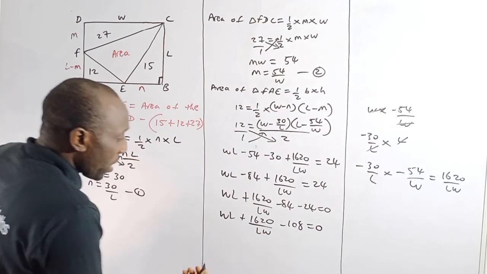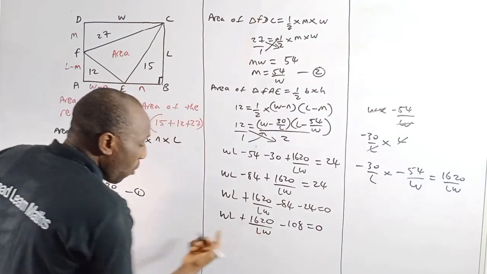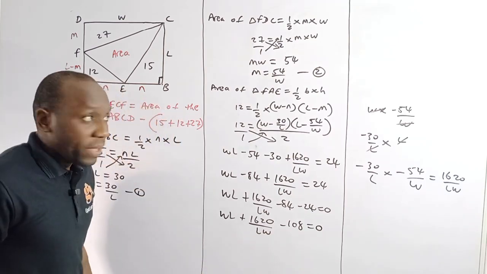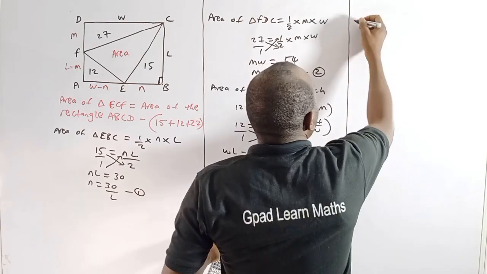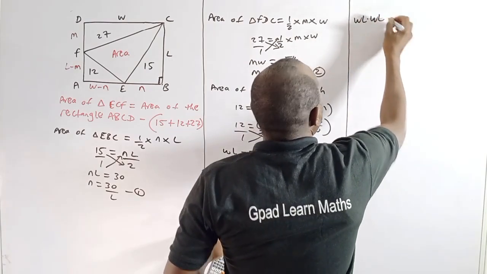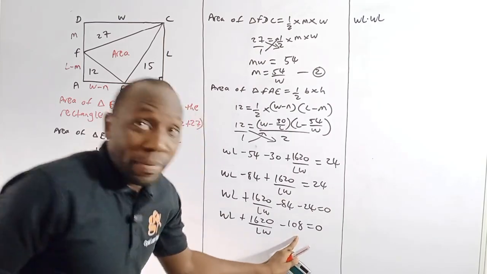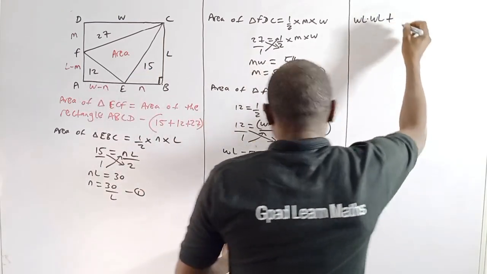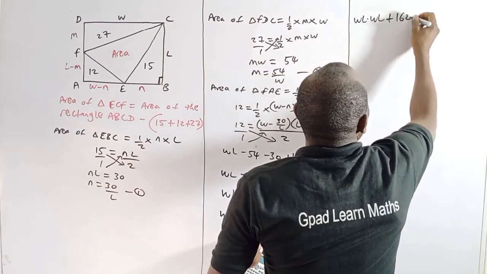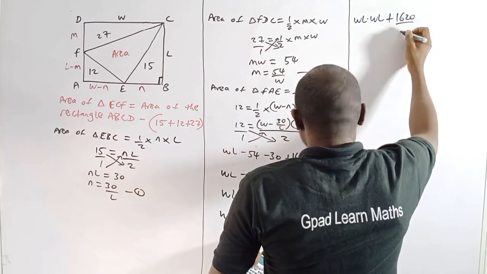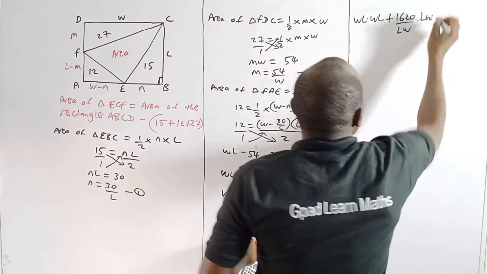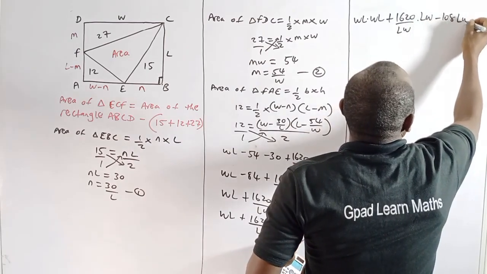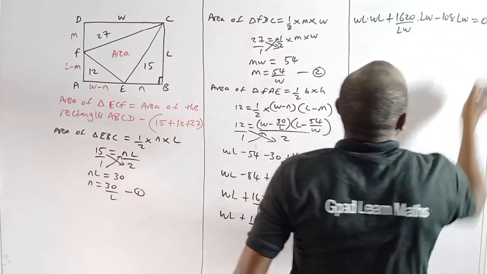So look at this now. If I don't want a fraction here, I'll multiply through by what? LW to clear off LW from here. So WL times WL, I'm multiplying every single term by WL. So plus 1620 over LW times LW, then minus 108 times LW is equal to 0.